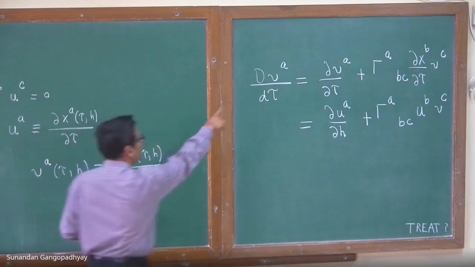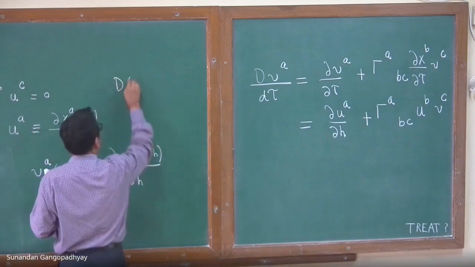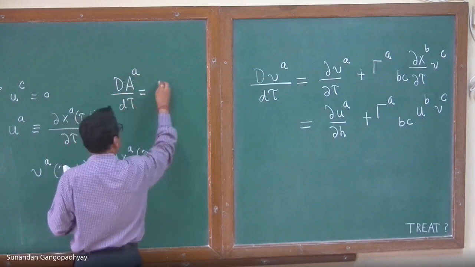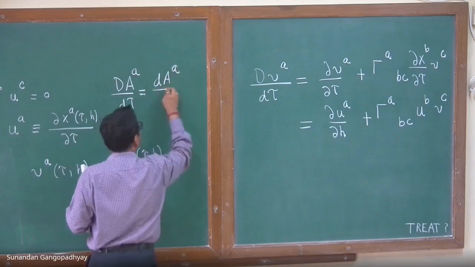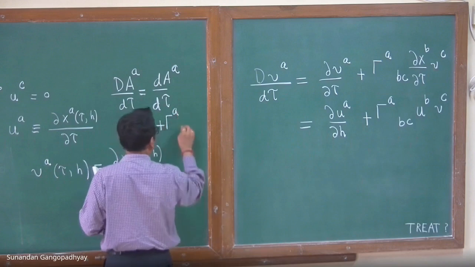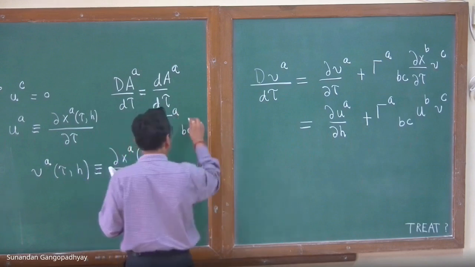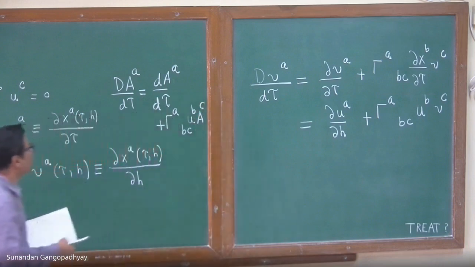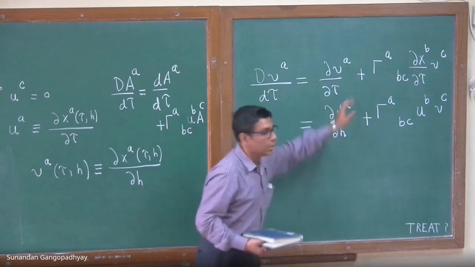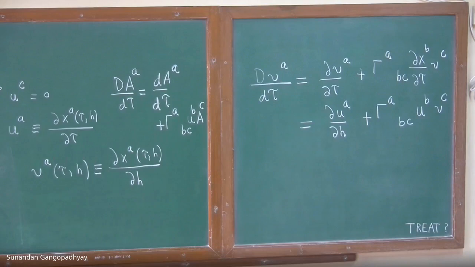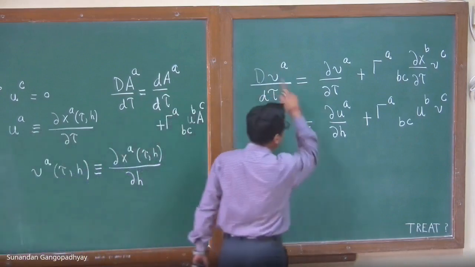So the first line follows from the fact that you have an arbitrary vector, tau plus, just apply this equation for V^A, the formula for the covariant derivative. So what we see from this equation is that this particular quantity is this.